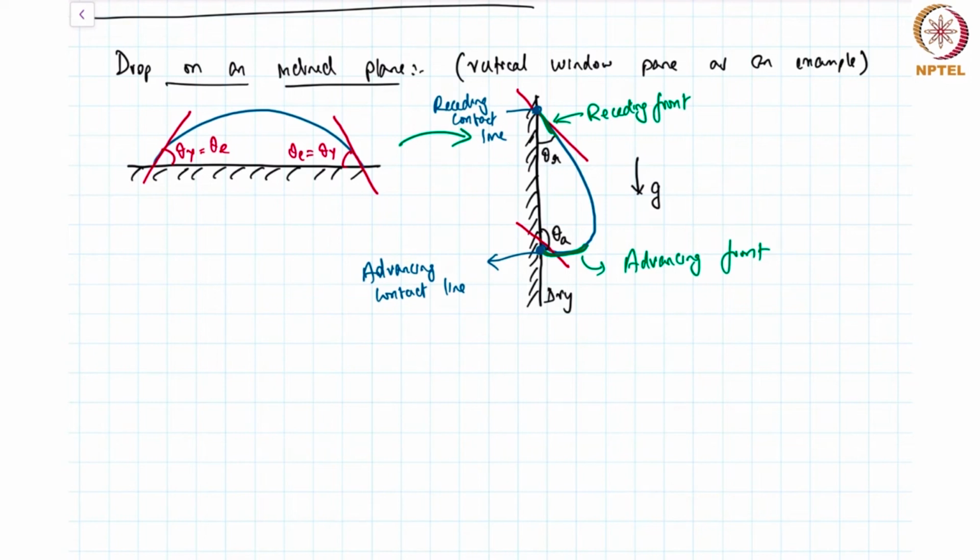The idea is the following. The gravitational force, in this case the weight, scales like density times volume. Volume roughly scales like r cube times g, where r is some equivalent radius or characteristic radius of the droplet, but we know it scales like r cube.